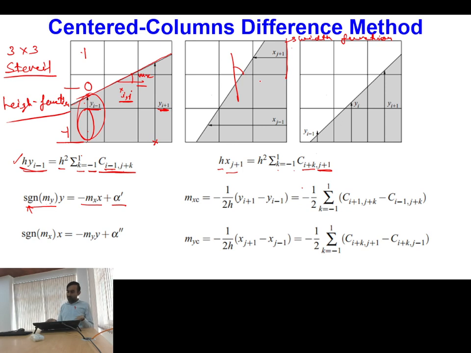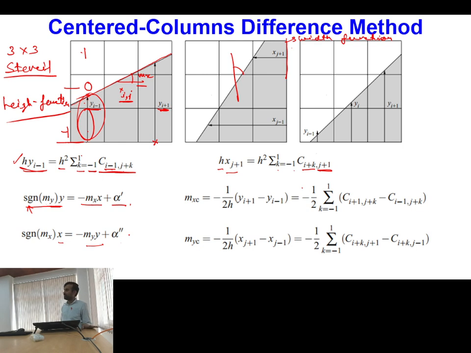So you have calculated both ways, and out of these, if you want to reconstruct the interface using the first formulation, you will write y equals minus m_x x plus alpha dash. If you want to reconstruct using the second formulation, you will write x equals minus m_y y plus alpha double dash.